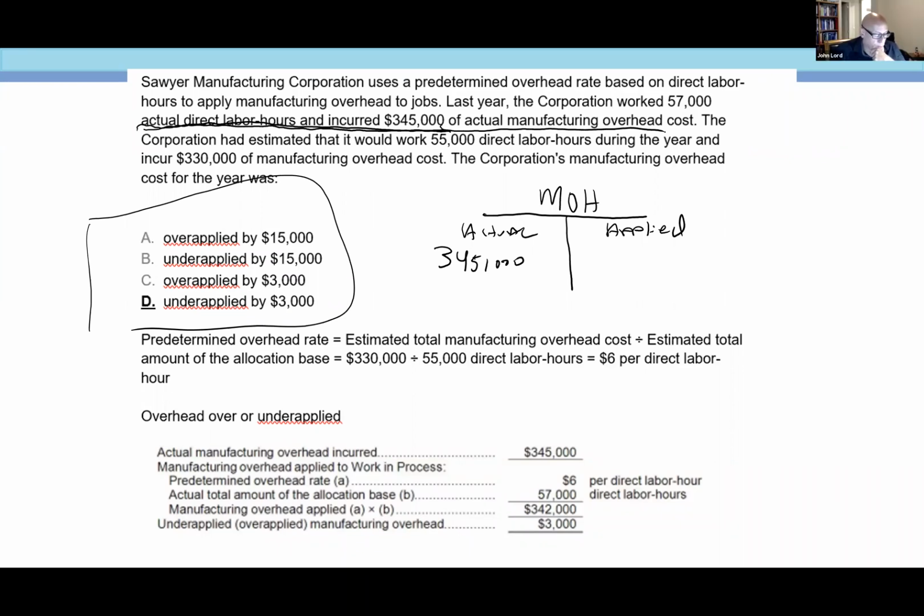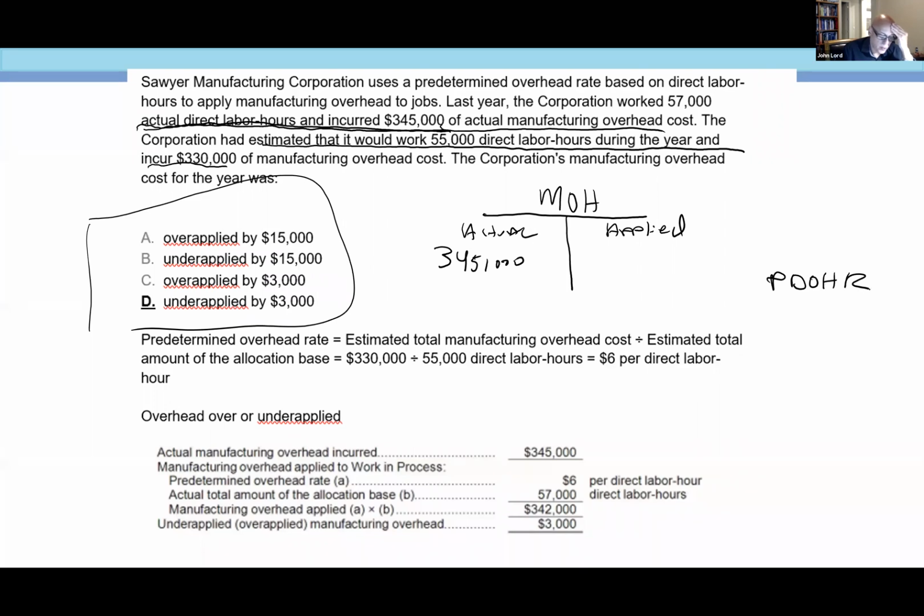The corporation had estimated that it would work 55,000 direct labor hours during the year and incur 330. Can I do anything with what they estimate their overhead cost is going to be, and what the driver of their overhead cost is going to be? Yeah, applied. That's the predetermined overhead rate, isn't it?